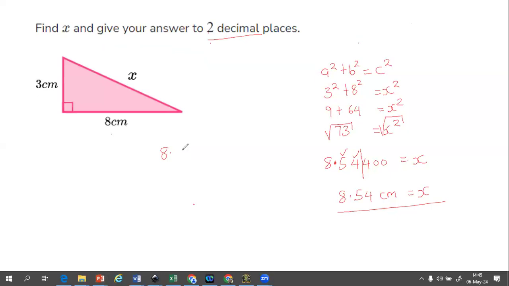Now 8.0766, when you look at it, in case they want 2, I'll count 2 numbers after the decimal point, 1, 2, I terminate. But since this number coming after my termination point is greater than 5, all numbers greater or equal to 5, we increase the next number before it by 1.